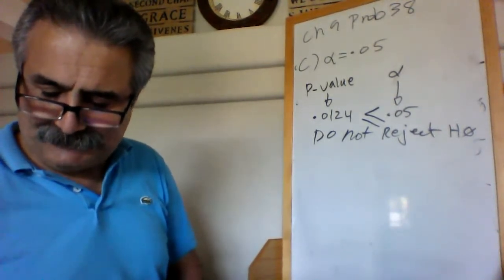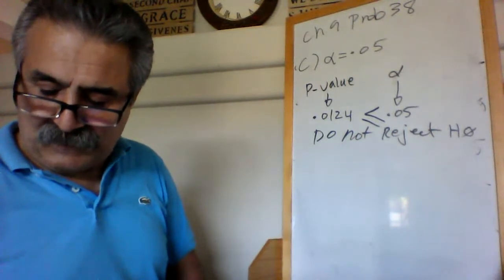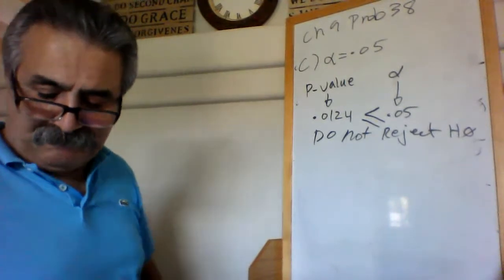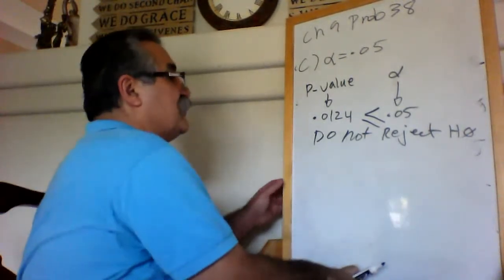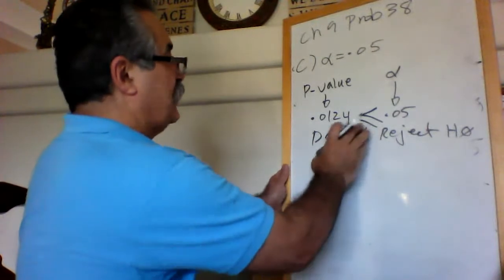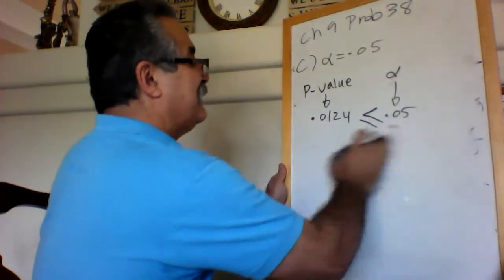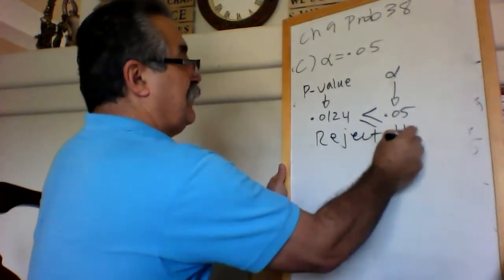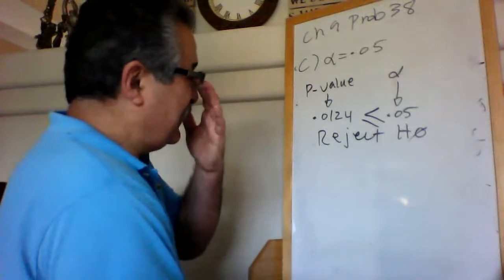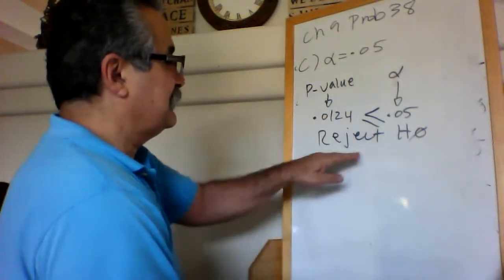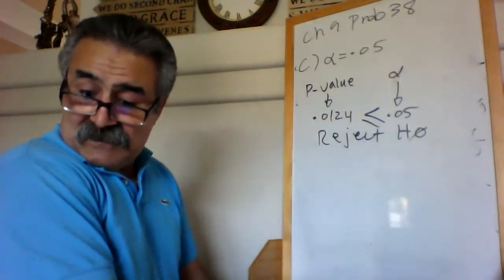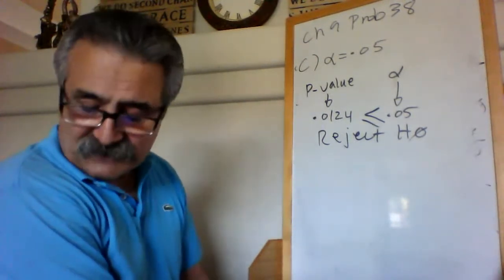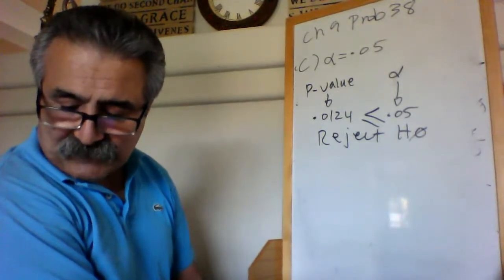Hold on, guys. Did I say do not reject? I know that this is less than this, so reject H0. Sorry about that. It could happen to anyone, right? With all these reject, do not reject. Sorry, guys. That's part C. So go ahead and reject H0.